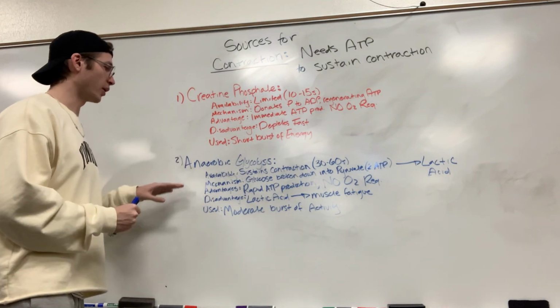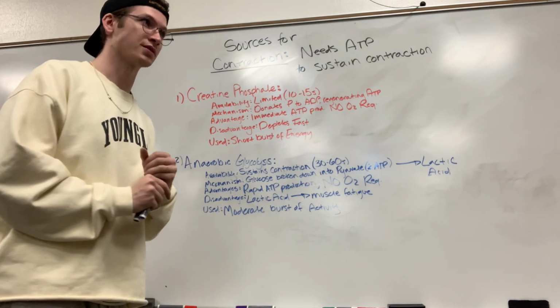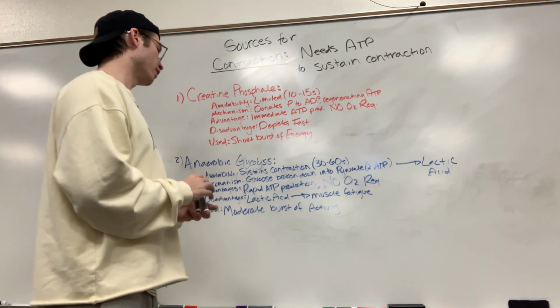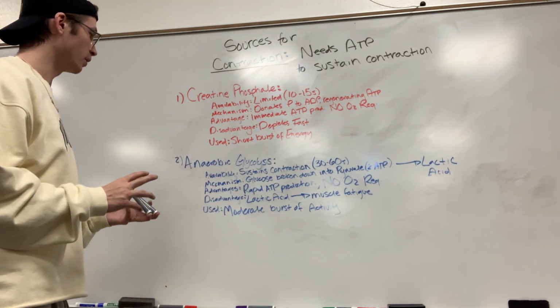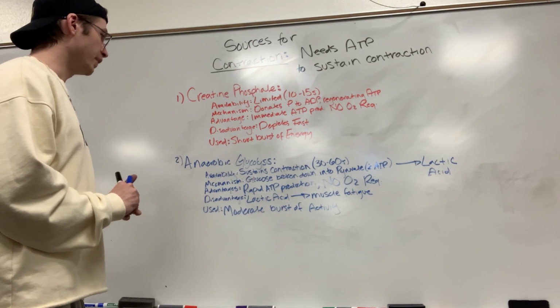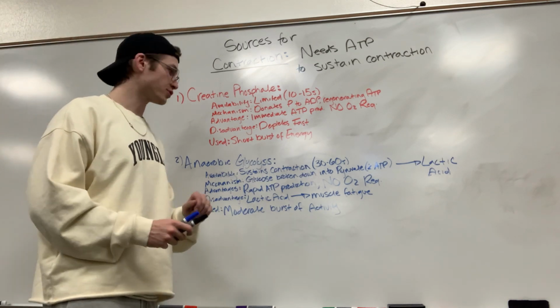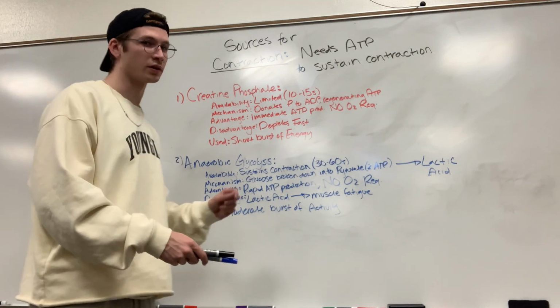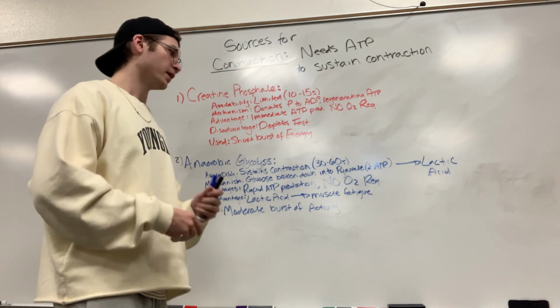Next, we're going to talk about anaerobic glycolysis. Glycolysis refers to glucose. This source of energy is able to sustain contractions for about 30 to 60 seconds, so it's a bit longer than creatine phosphate.